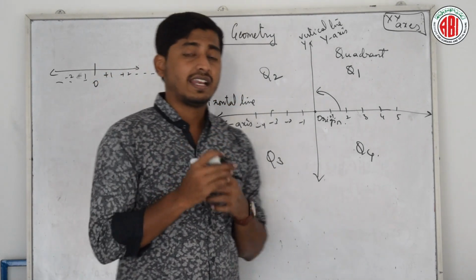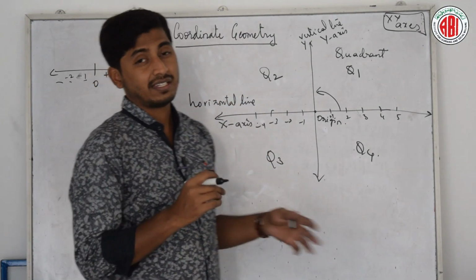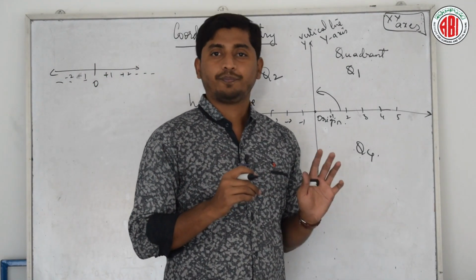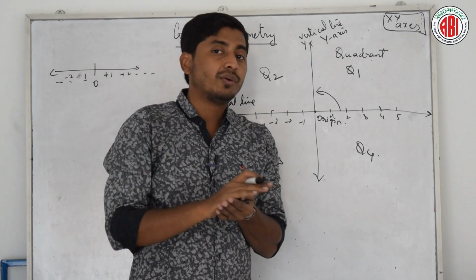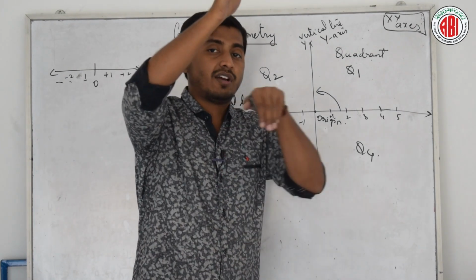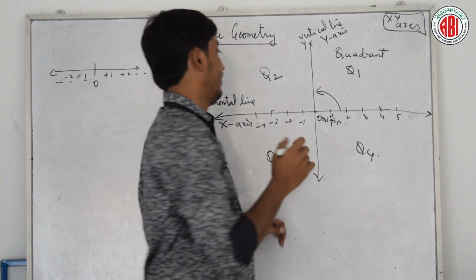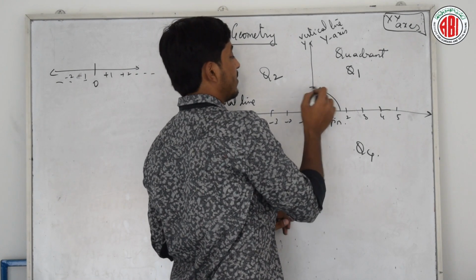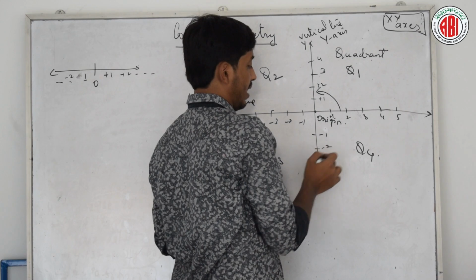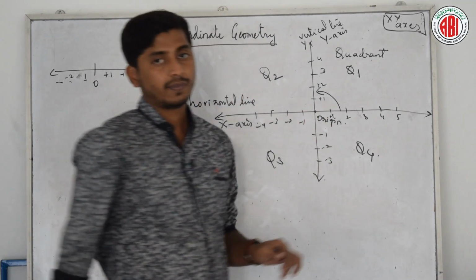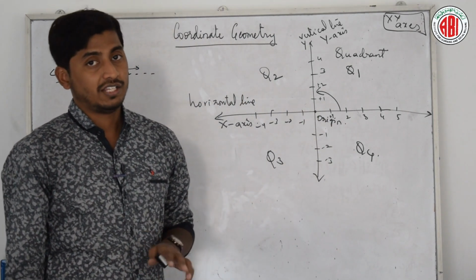Which means the right-hand side is always increasing and the left side is always decreasing. If I want to take height, upwards will be positive and downwards will be negative. Therefore, this will be +1, +2, 3, 4 like that. Here it is -1, -2, -3 like that. Is it clear?